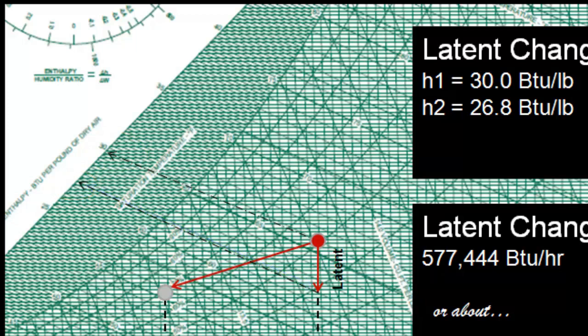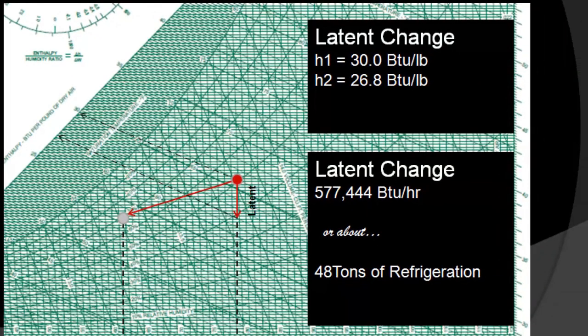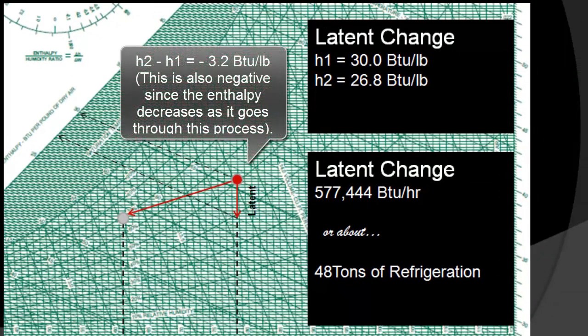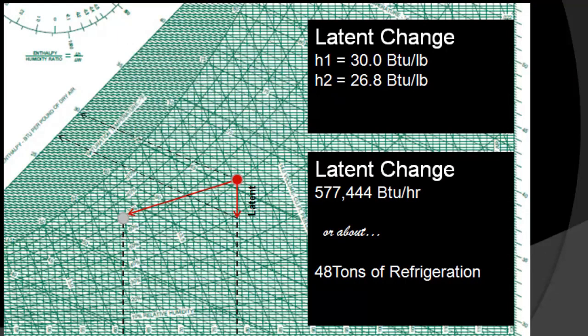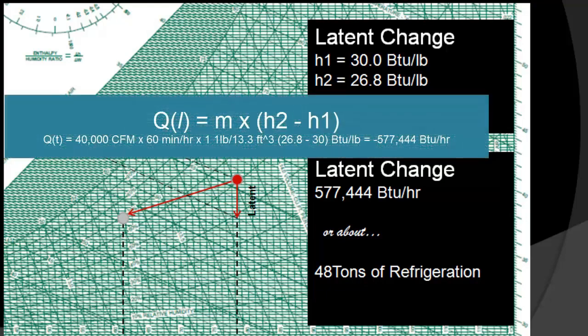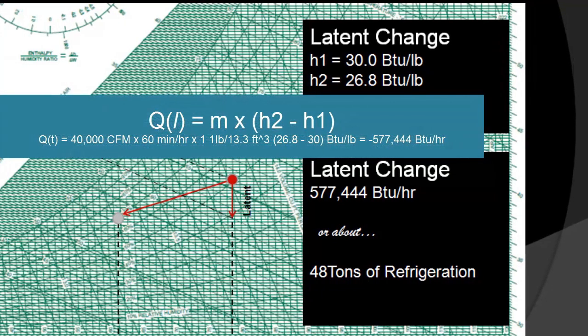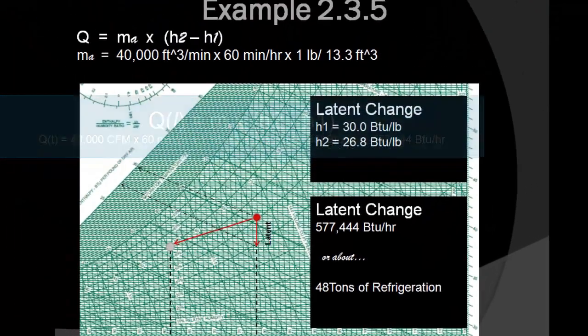So this gives a change in enthalpy of about 3.2 BTUs per pound. Applying this into our enthalpy equation, we get 577,444 BTUs per hour, or about 48 tons of refrigeration due to the latent change.